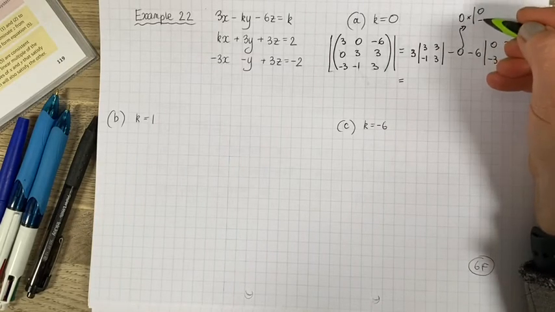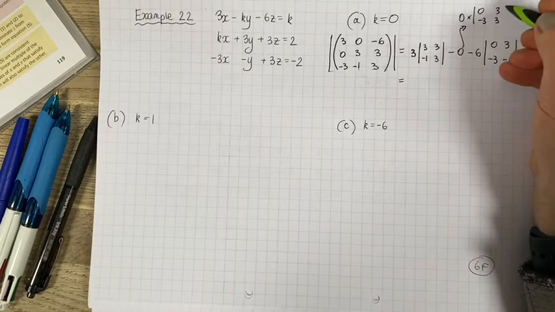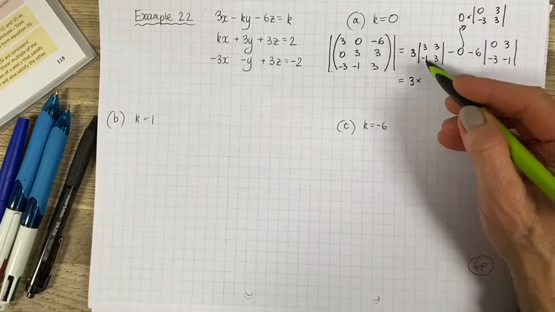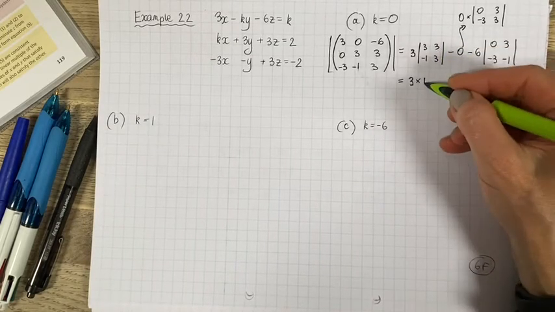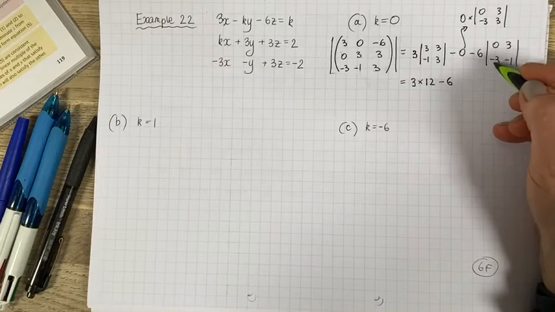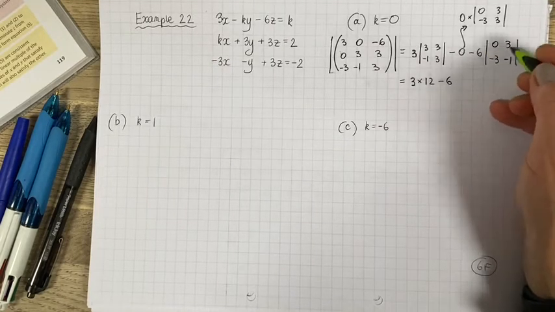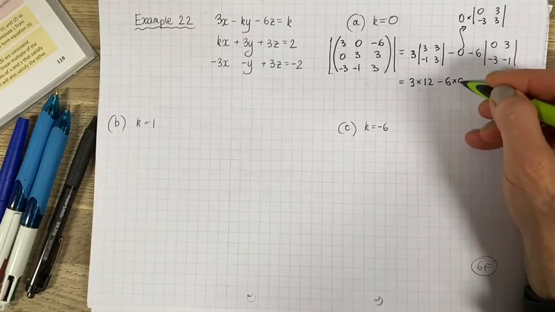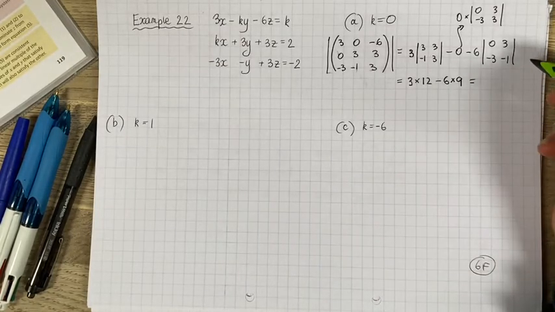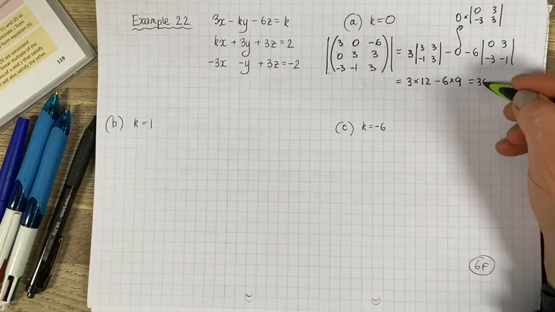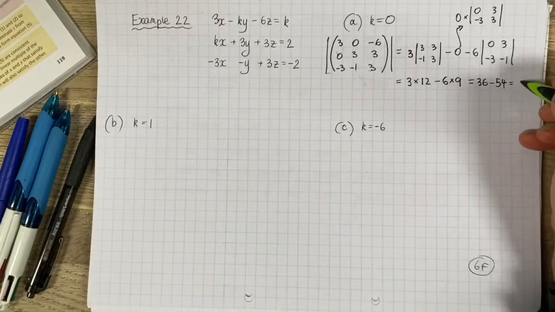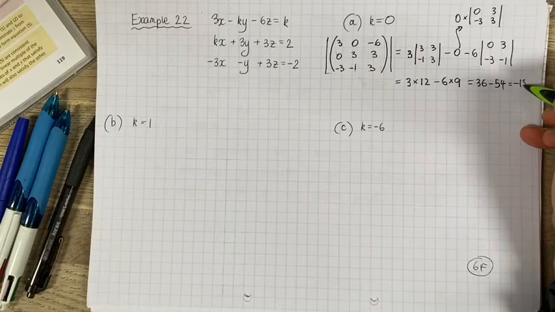It's going to be 3 times 9 plus 3, so 12. And here we're going to do minus 6 times 0 plus 9, so times 9. So it's going to be 3 times 12, which is 36, minus 54, which is minus 18.